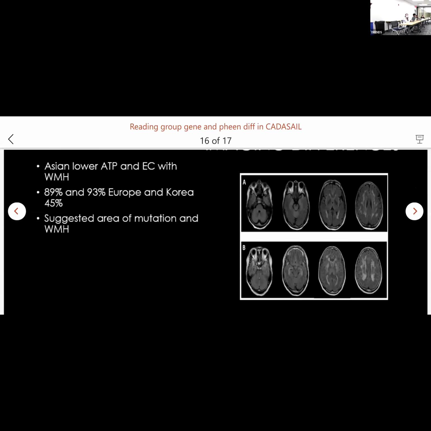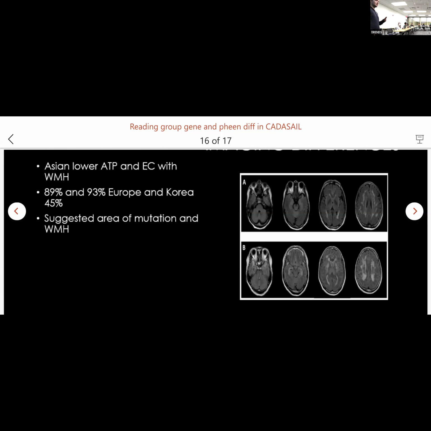So in conclusion, the whole review article discusses that Asian populations with CADASIL have a lower anterior temporal pole positioning.